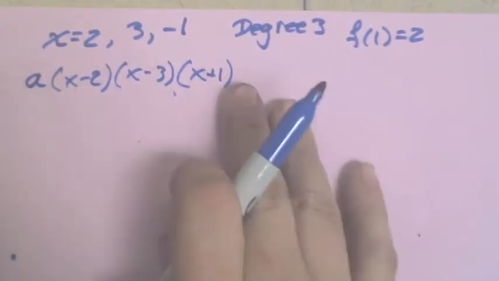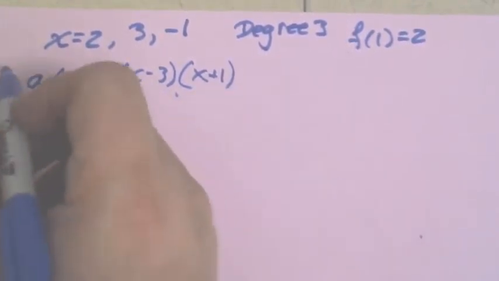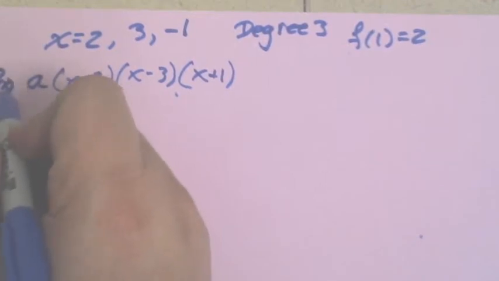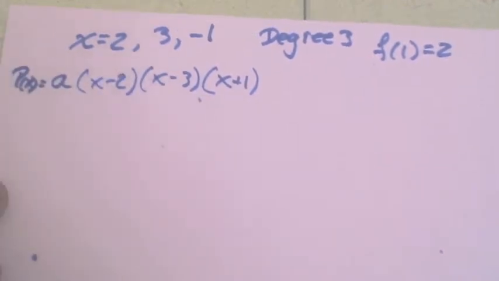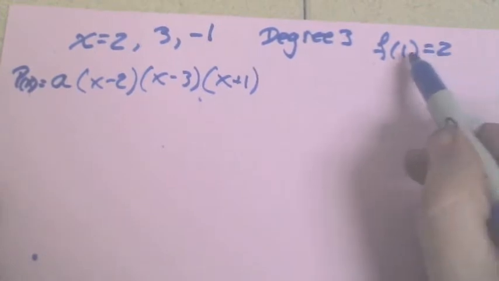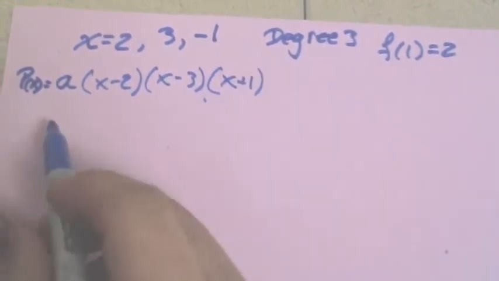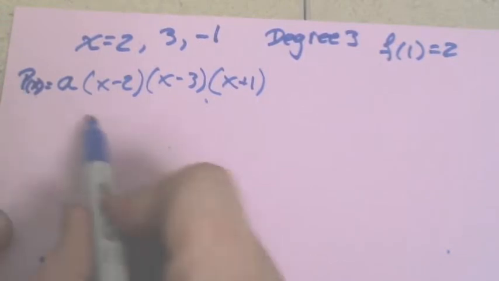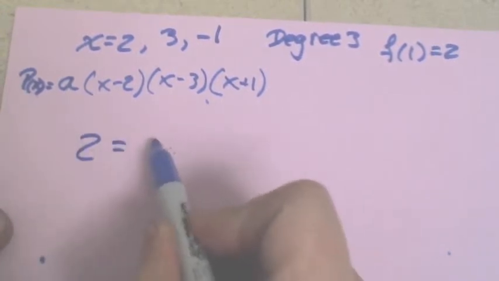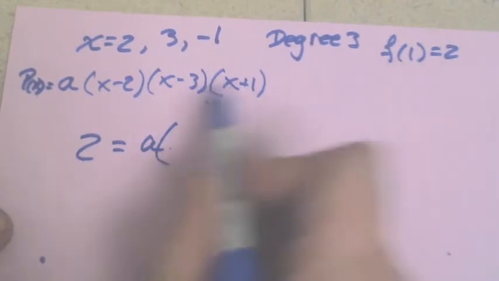Now, last time I multiplied all this together. You can actually find your a value before doing that if you want to. This is supposed to equal 2 when x is equal to 1.